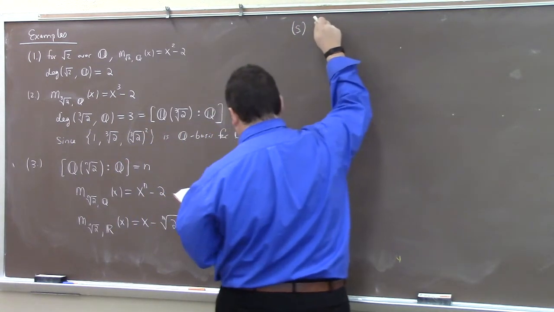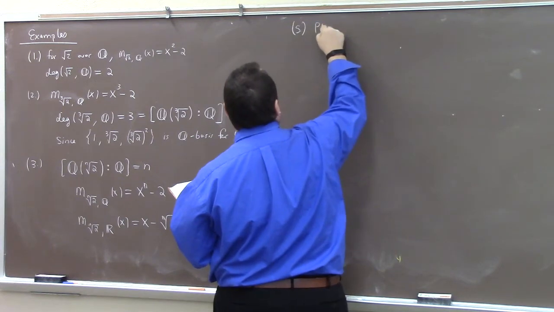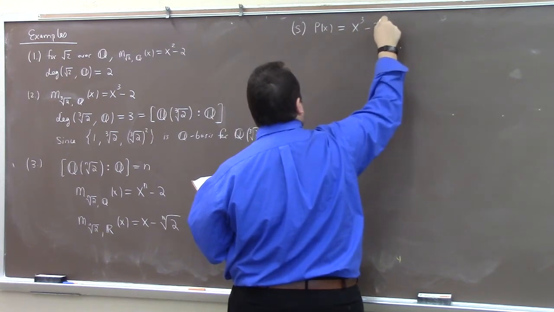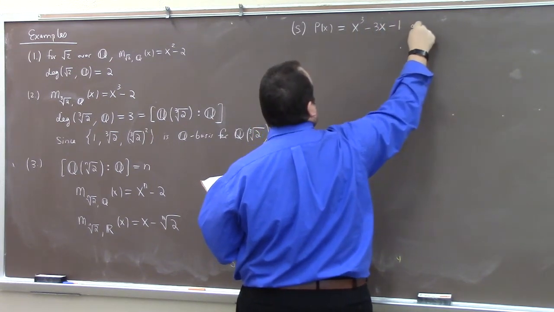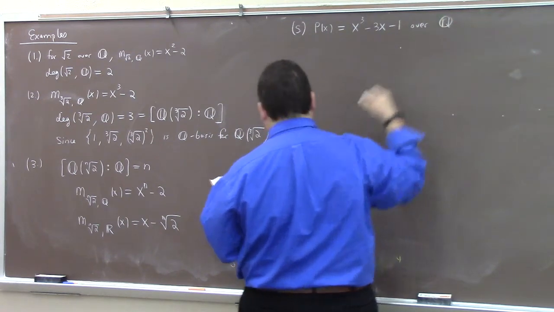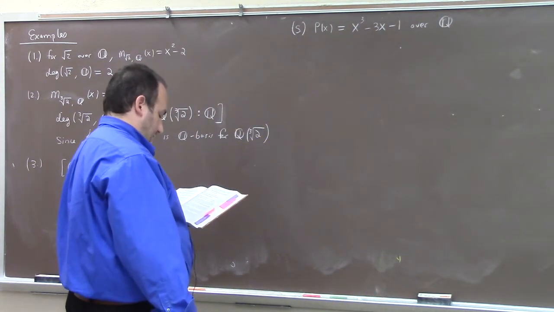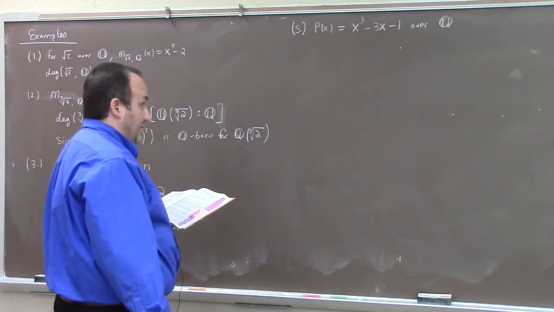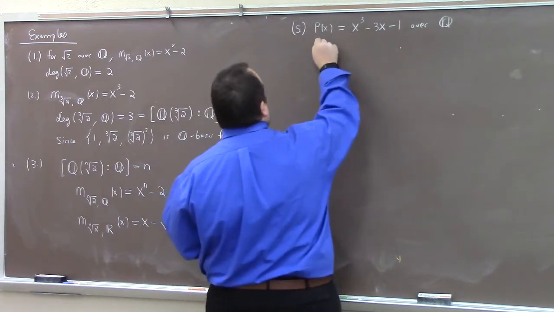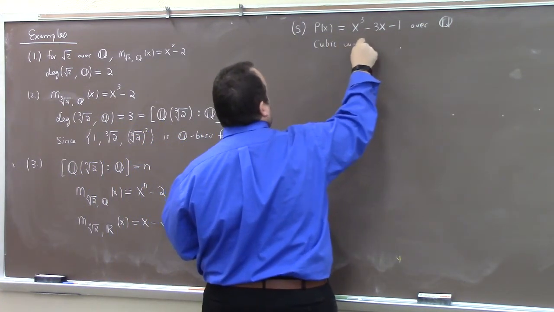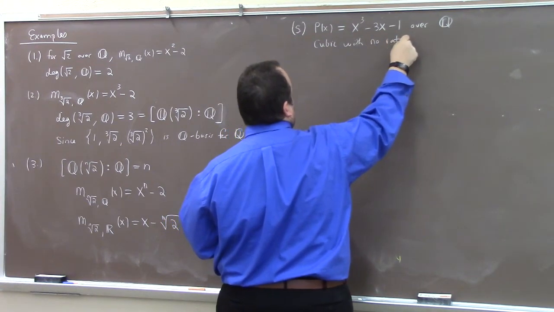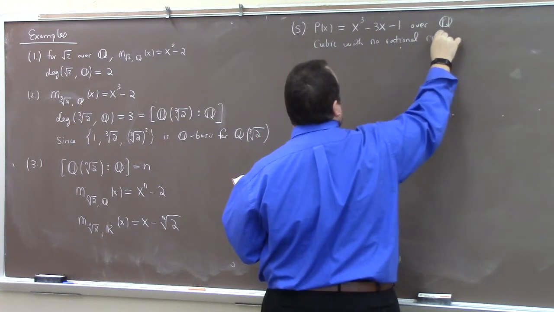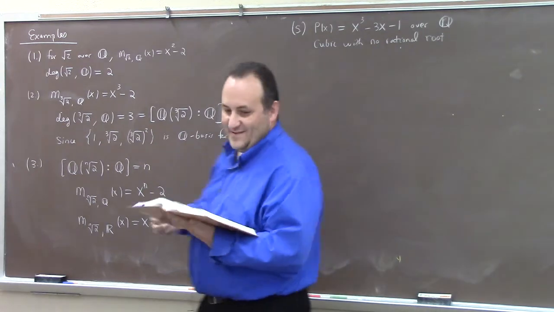Example 5. This one looks a little bit more interesting. He's got p of x equal to x cubed minus 3x minus 1 over Q. He has previously proved that this is irreducible since it's a cubic which has no rational root. You can apply the rational roots theorem here, right? Because you're looking over Q, the rational roots theorem tells you whether or not there's a root.